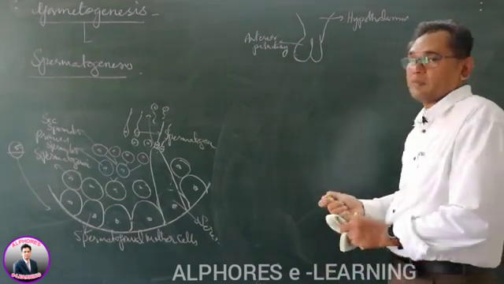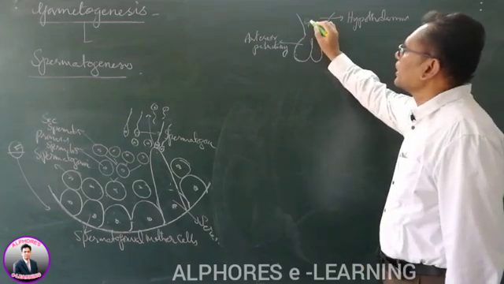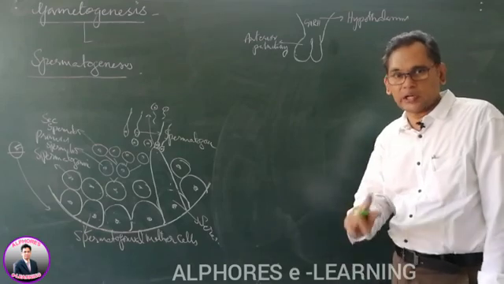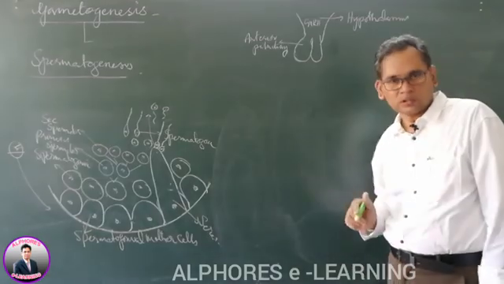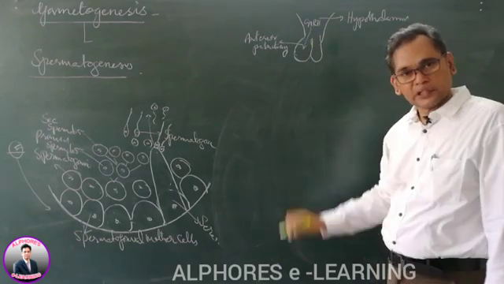Now the hypothalamus releases a hormone called GnRH, gonadotropin releasing hormone. This is released into the anterior pituitary.